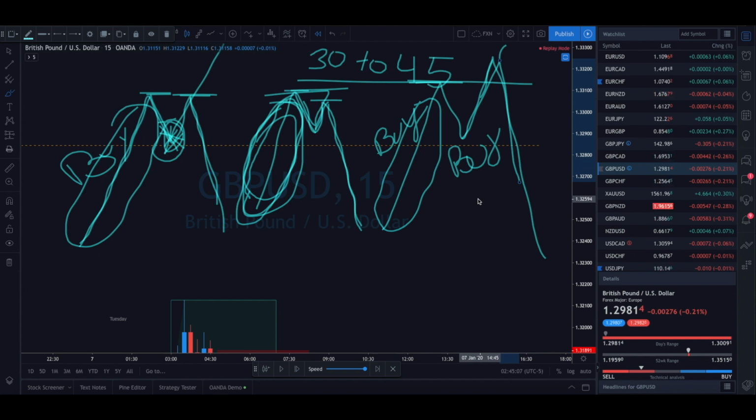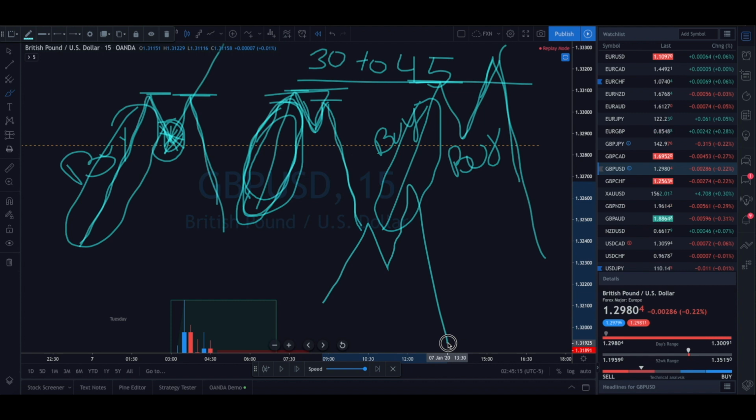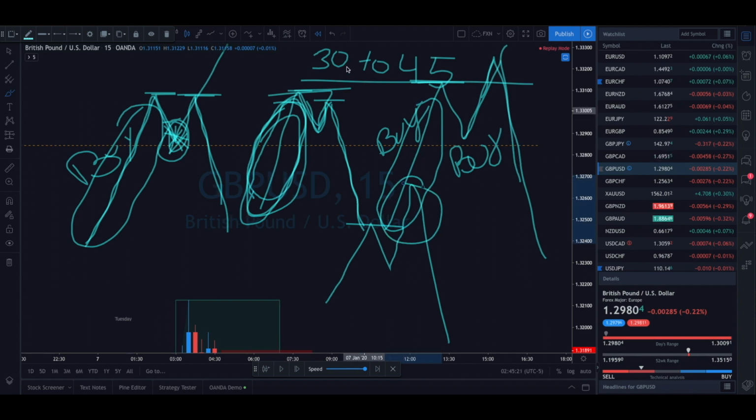You ever thought that you had an M formation like this and they went higher and then came down? Well, that happens because they have a timer, 30 to 45 minutes. If it takes them longer than 30 to 45 minutes to do this, guess what? They're going to go up higher because they don't have what they need.